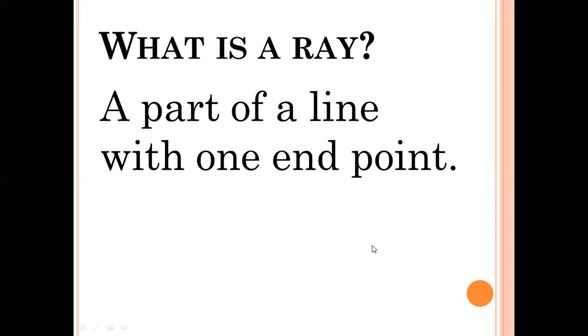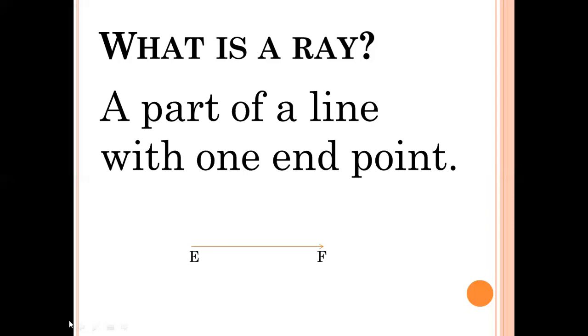Rays have beginning points but no ending points, children. They just keep on going forever, but only in one direction. So we only put an arrow on the end that keeps going on, just like this. We call this ray EF.